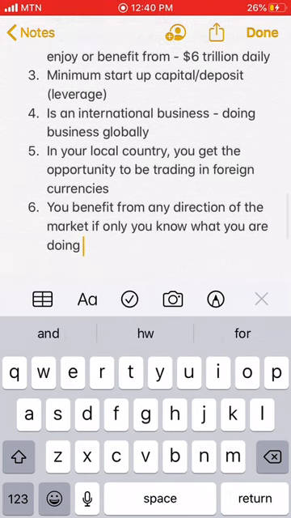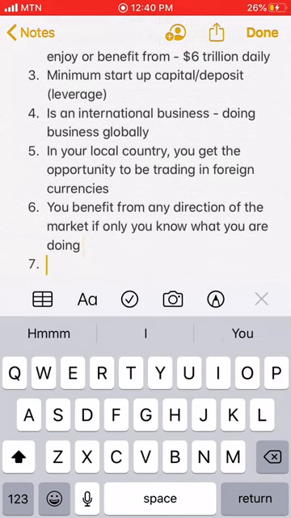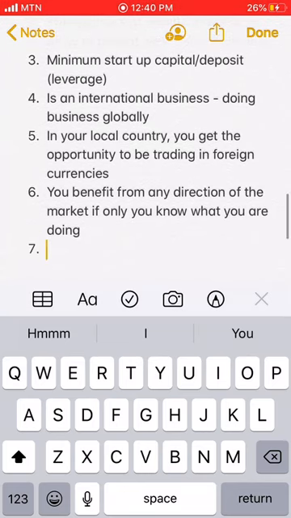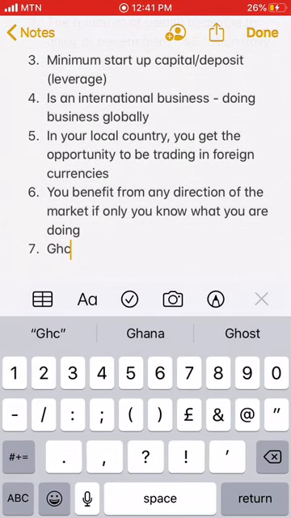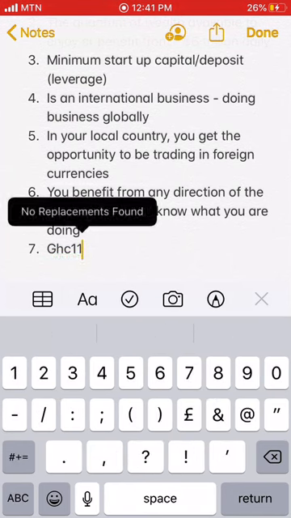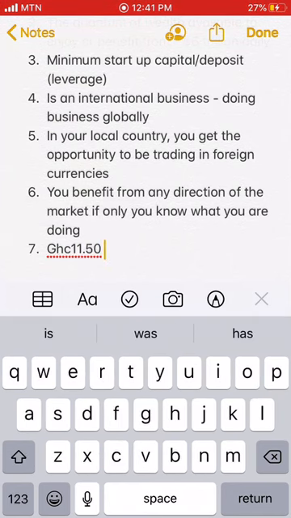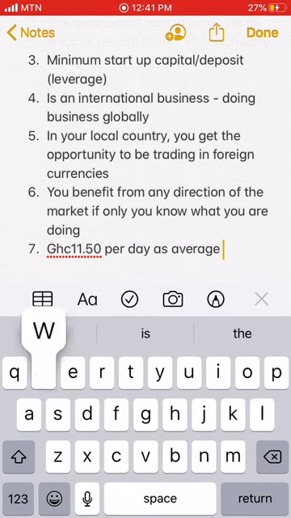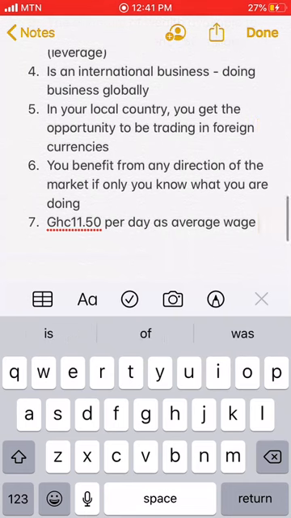But like I said, back to the international currency, that's what I want to explain. Let me explain something here. Now in Ghana, let's just assume the average person's wage for the day, I think it's 11 Ghana cedis, let's say 11.50 per day as average wage.